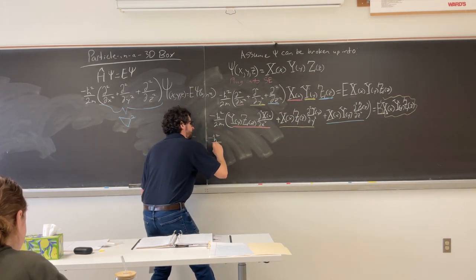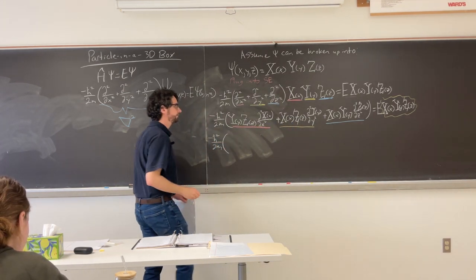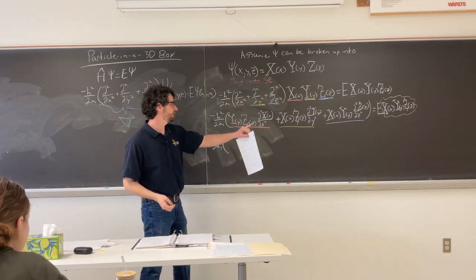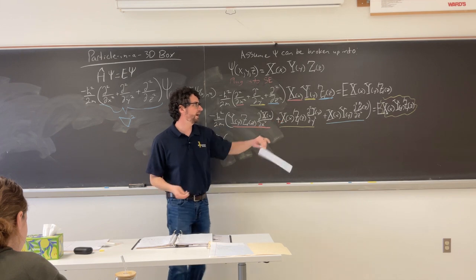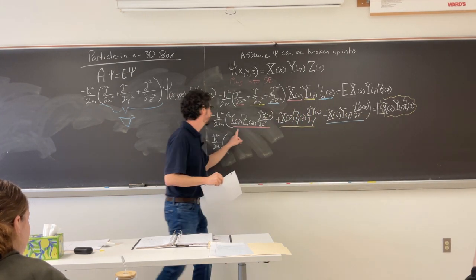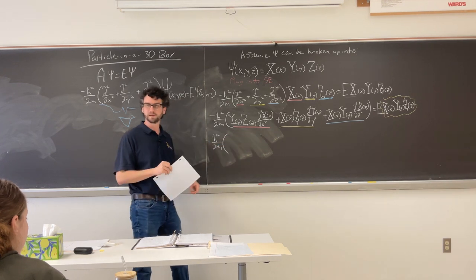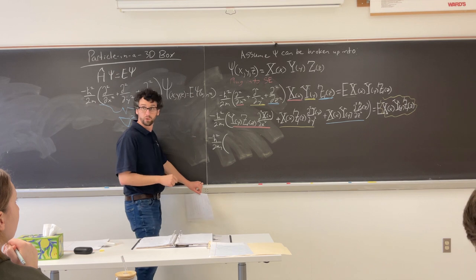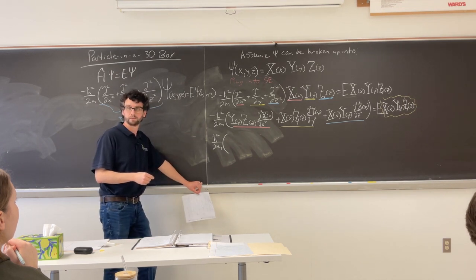So that H bar thing hangs around. When we divide through by fancy X, fancy Y, and fancy Z, what happens here? Or do we want to work it out?